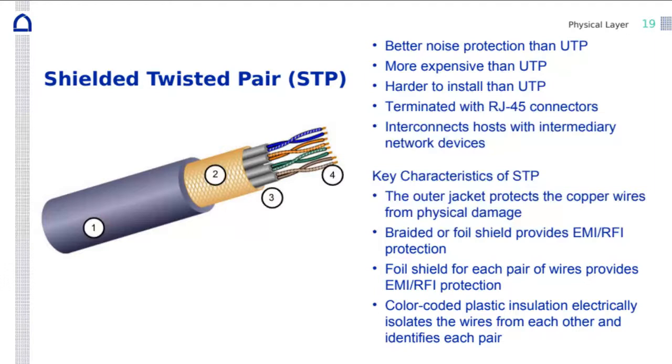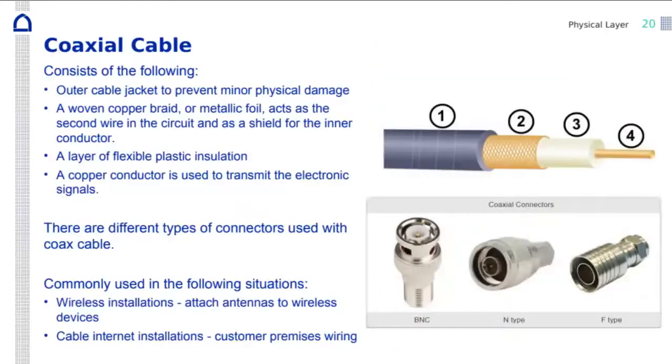The coaxial cable consists of 4 components. Number 1 is the outer cable jacket to prevent minor physical damage. Number 2 is a woven copper braid or a metallic foil, which acts as a second wire in the circuit and as a shield for the inner conductor.